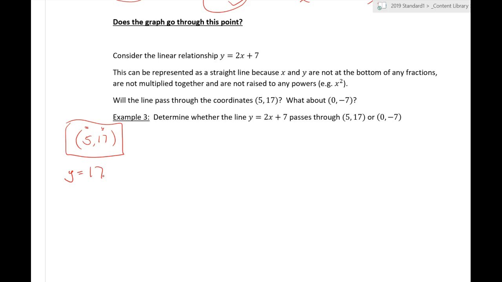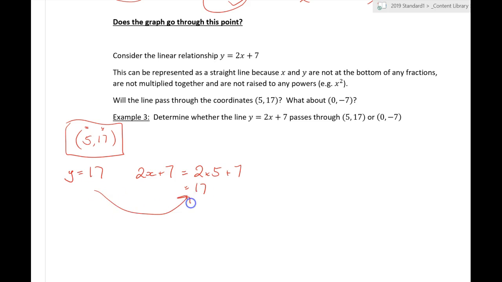I know that part. And we could also say that's my left-hand side. The left-hand side is y, and I know that's 17. The right-hand side is 2x plus 7. And x in this case is 5, so that's 2 times 5 plus 7 equals 10 plus 7 equals 17.